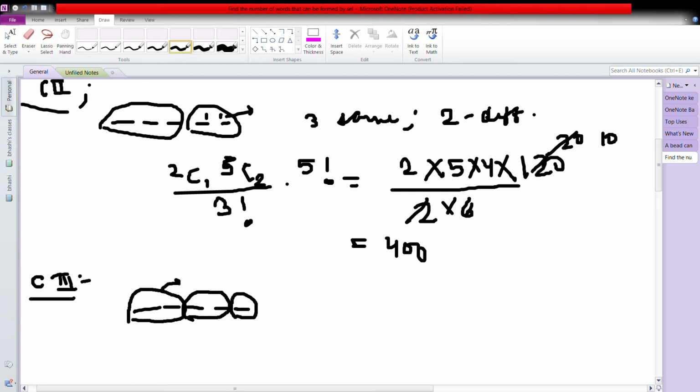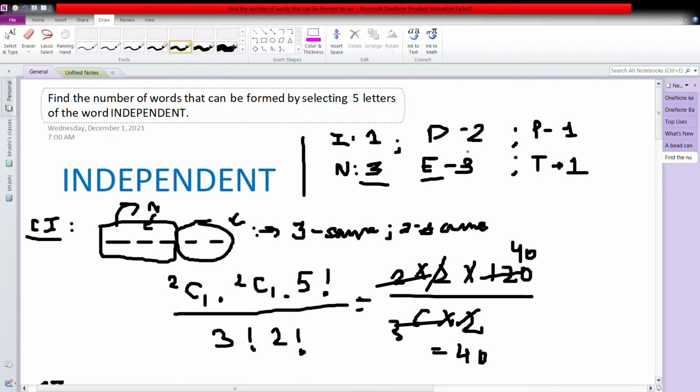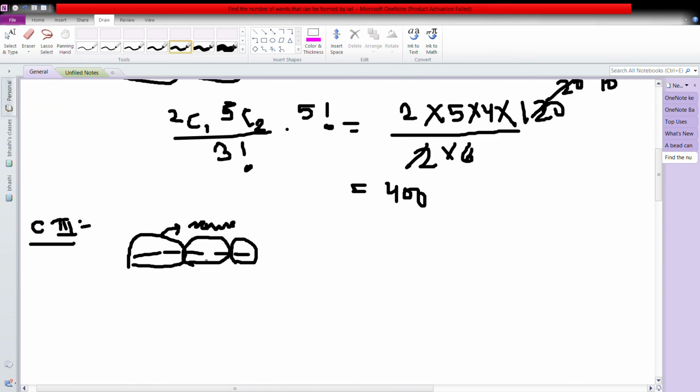Means NN or DD or EE can come here, and here also DD or EE can come, but not the same letter which is assigned to this place. And this has to be distinct.